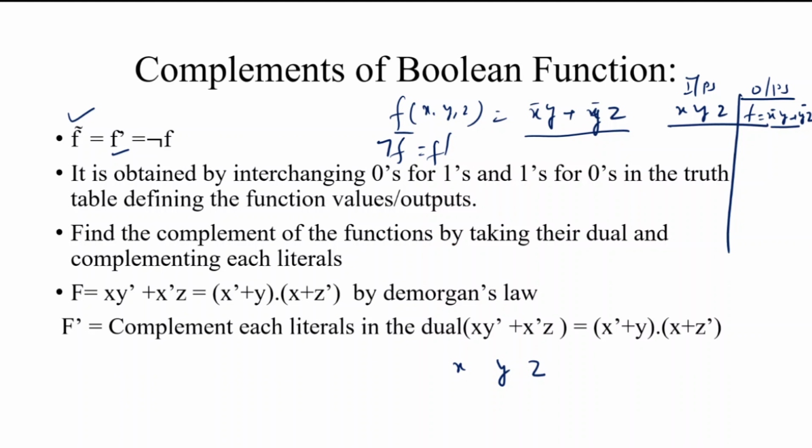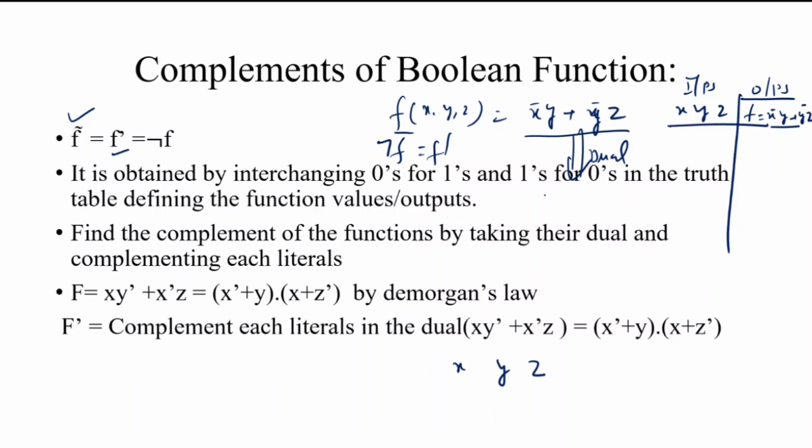Like here, first we take a dual of it. When we take a dual, every plus is replaced by dot, dot is replaced by plus, 0 is replaced by 1 and 1 is replaced by 0 if the function has a 0 and 1, and nothing is changed in the variable, whether it appears in primed or unprimed form.